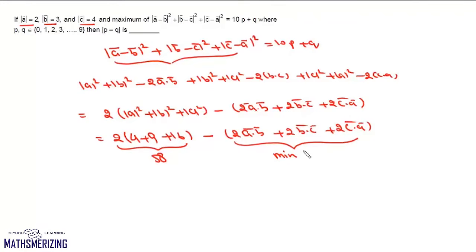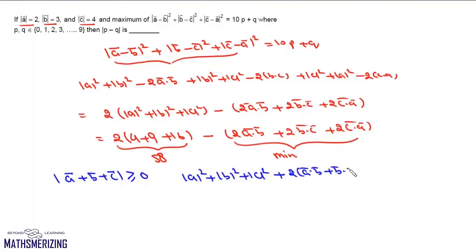Now we know that mod of A plus B plus C is always greater than or equal to 0. Now we square it, we can write mod of A squared plus mod of B squared plus mod of C squared plus 2 times A dot B plus B dot C plus C dot A is greater than or equal to 0.